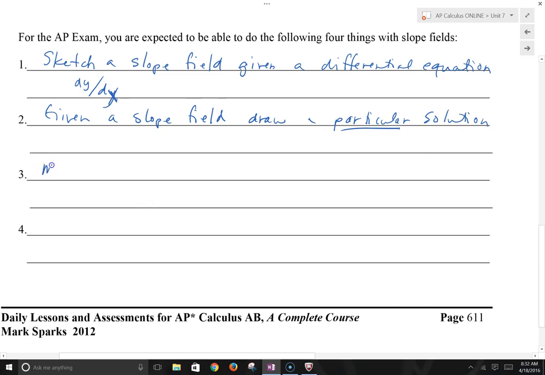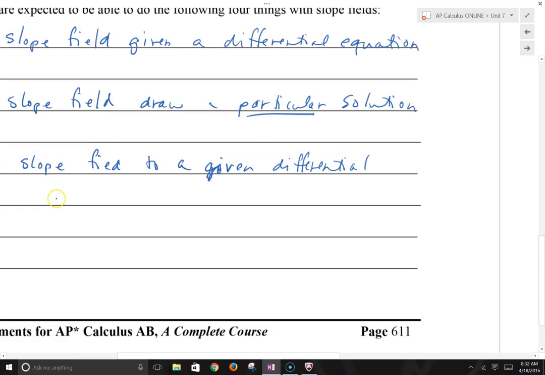3, match a slope field to a given differential equation. Gotta love matching.